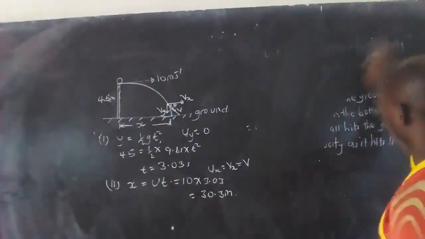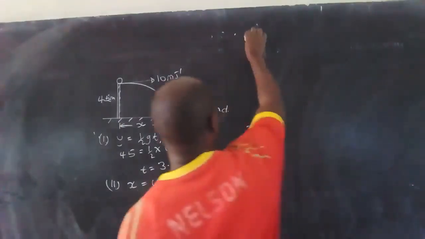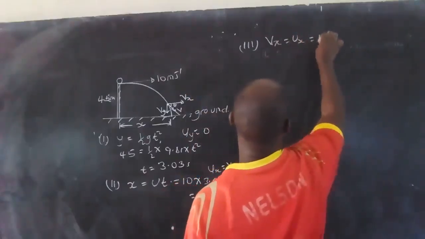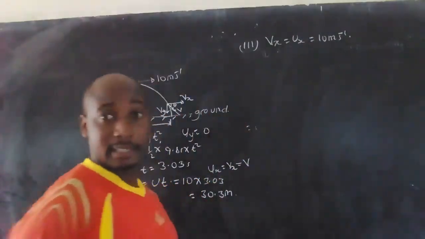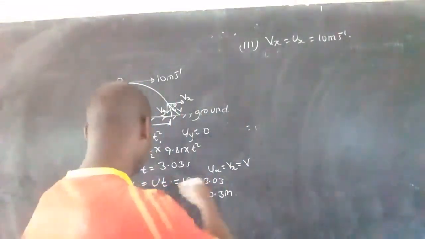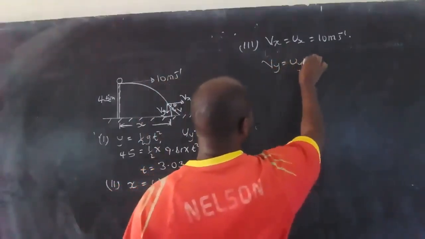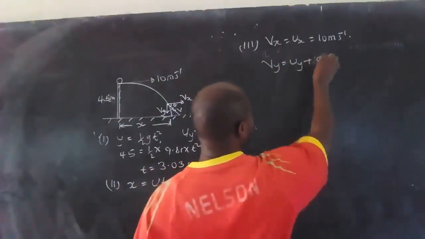Then next, final velocity as it hits the ground. We are saying that under horizontal motion, vx is equal to ux is equal to 10. It does not change because under horizontal motion it is not affected by g. Then under vertical motion, vy is equal to uy plus gt, it's a plus because it is moving downward.